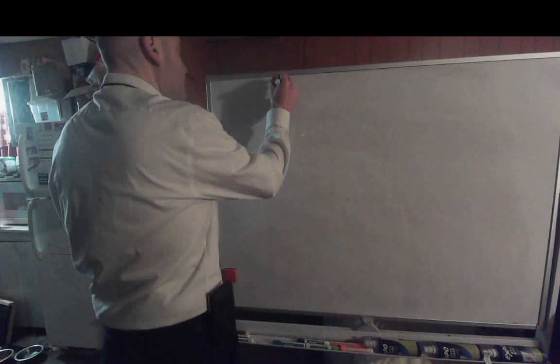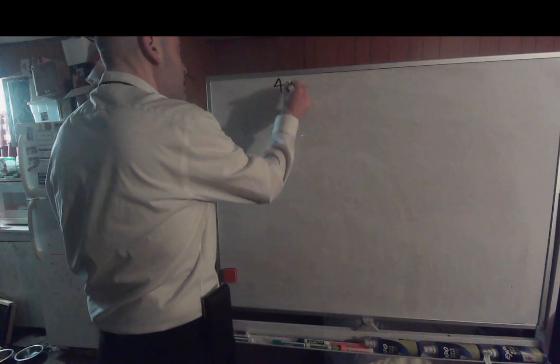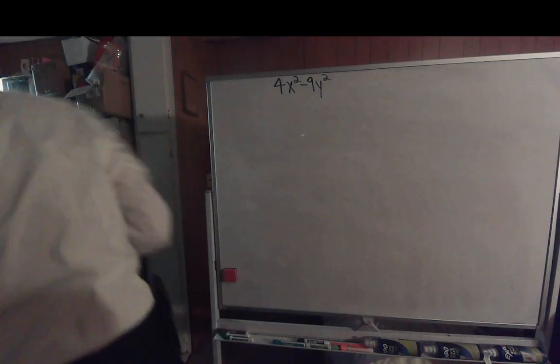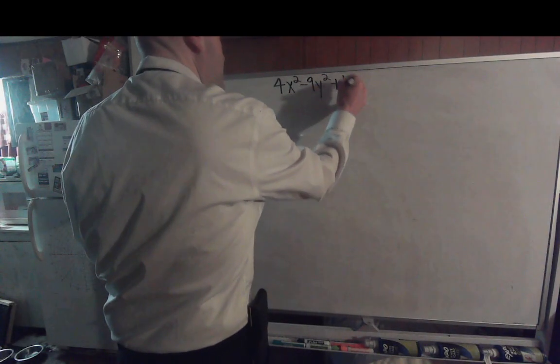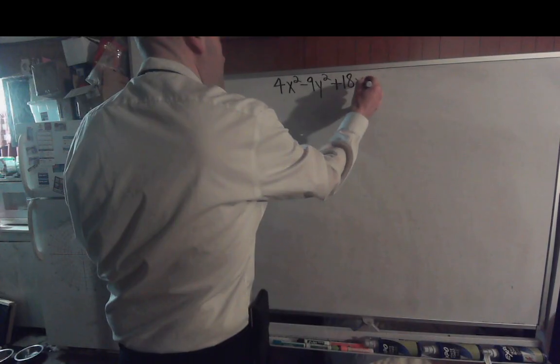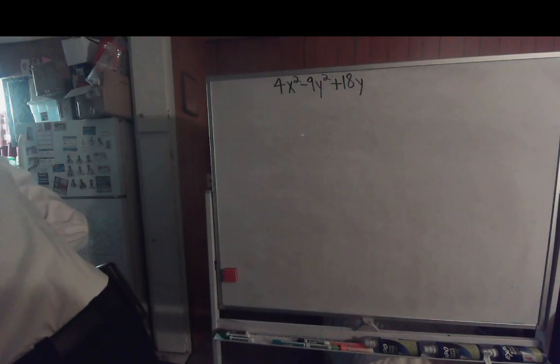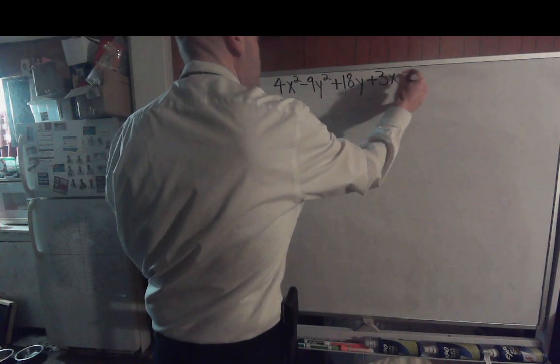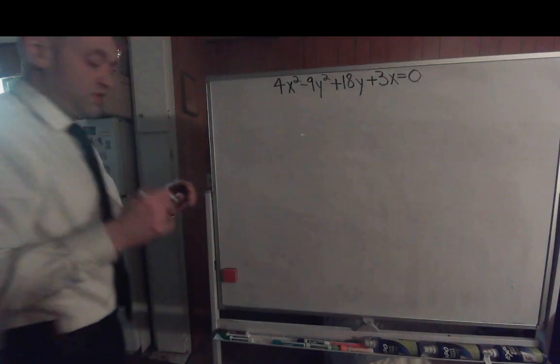Alright, we have 4x squared minus 9y squared plus 18y plus 3x equals 0. This one doesn't look so bad.